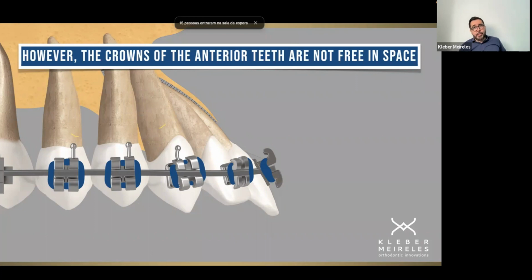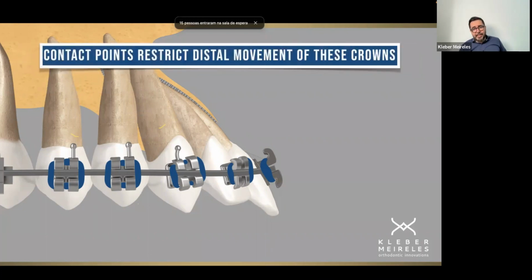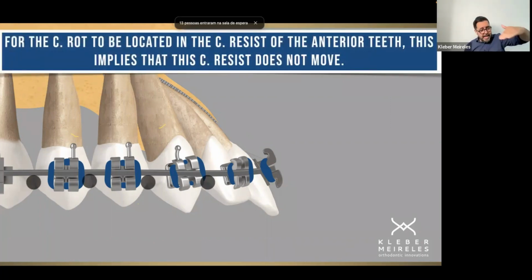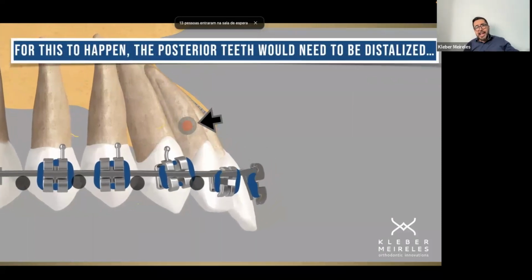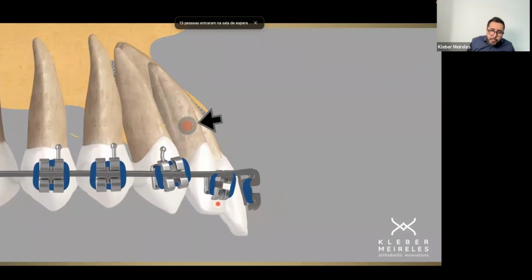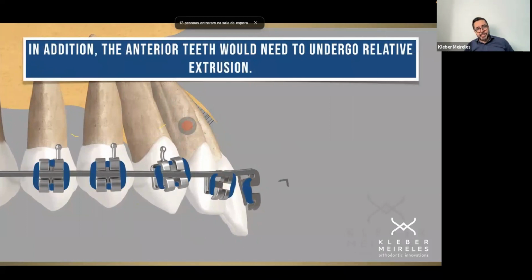The crowns of anterior teeth are not free in space. So if we have the center of rotation being the center of resistance, I need to go downwards with the crown and distal with the crown. So is that possible? Being all teeth attached together, having contact points, and having a rigid arch wire, is it possible to have this type of movement? I don't think so, and probably you don't think so either.